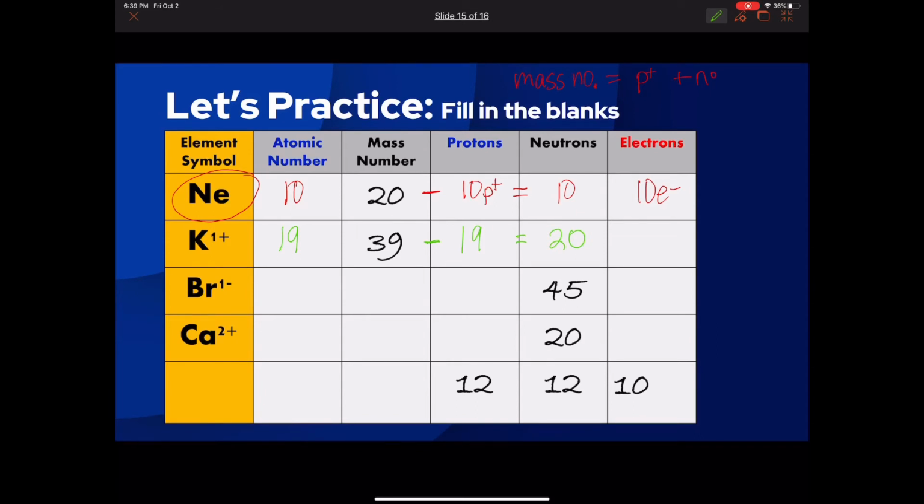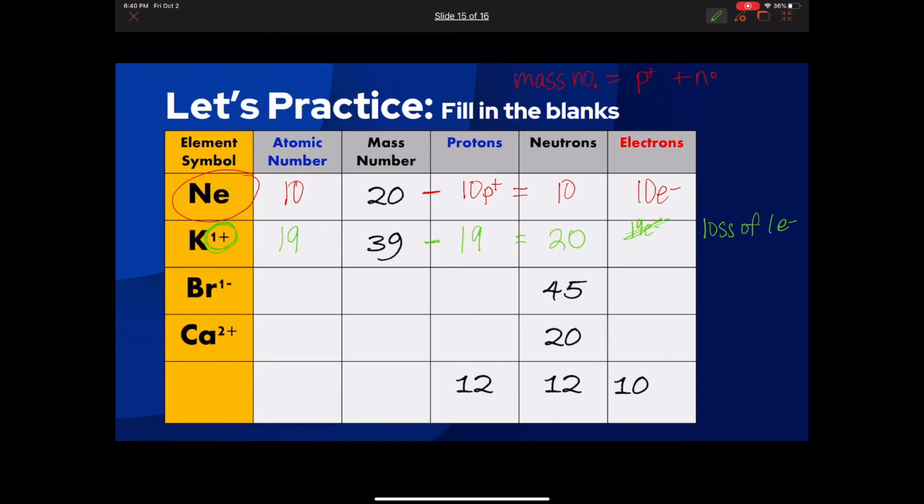Now, typically for electrons, a neutral atom of potassium would have 19 electrons. But if you notice the charge on this ion, it has a +1 charge. That means we have one more proton than we do electron. So what has happened is that we have had a loss of one electron.